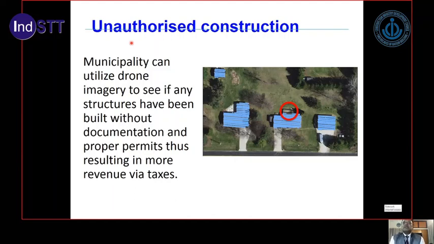They don't pay taxes, but they construct additional area without the approval of the local body. So unauthorized construction can be easily found once we have the repeated images. This is a caricature, a cartoon, which shows how our construction site of the future would be.